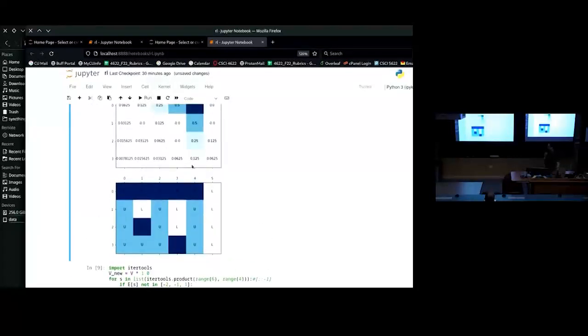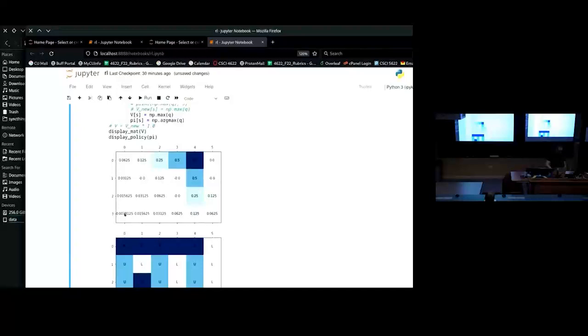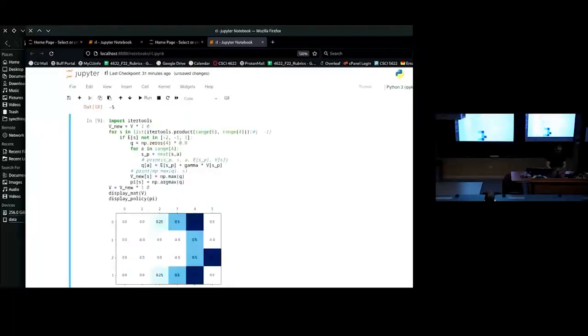And here we see the optimum policy, right? Up, until we reach the target. If you remember last time, this value here was 1. Okay, so it was 2 to the power of -7, if I'm not mistaken.